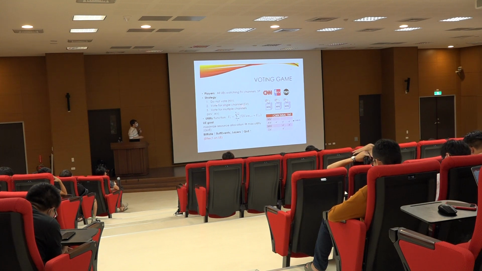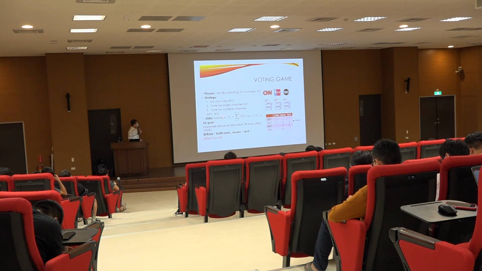Voting for a single channel seems reasonable. We can say, I vote for CNN or NBA or TNT. Or we can vote for multiple channels. I think, okay, what if I vote for all channels? What does that do? Is voting for all channels actually better for me? Well, not necessarily.